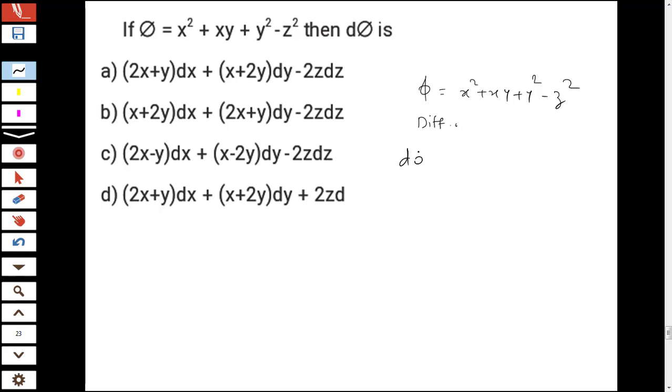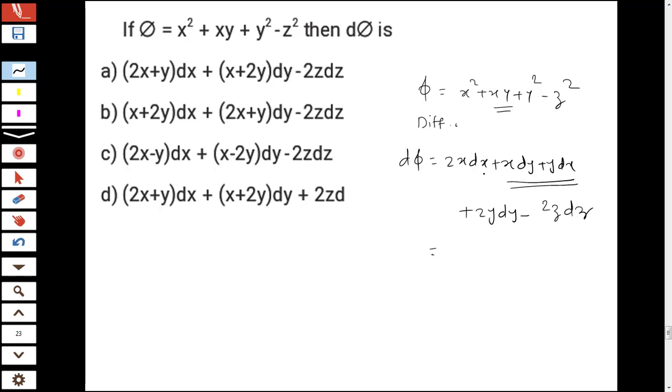So differentiating this, derivative of phi will be d phi, derivative of x square will be 2x dx. For derivative of x into y, you have to apply the product rule: x into derivative of y, dy, plus y into derivative of x, dx. This is the product rule. The derivative of y square is 2y dy and derivative of z square is 2z dz. You just collect the dx terms and dy terms together.